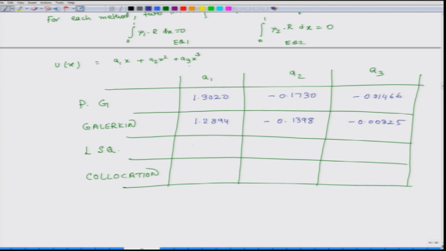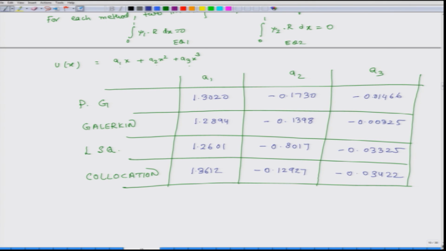Okay. For least squares, I am getting 1.2601, minus 0.8017, minus 0.03325, and the collocation method gives us 1.3612, minus 0.12927, and this is minus 0.03422.